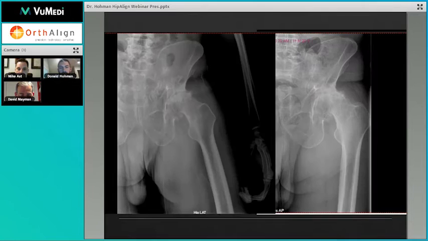Another kind of case, a little bit more of a challenging operation, a little bit of a larger man, and this is a younger guy who has, whether this was a post-traumatic issue or if this was AVN, which led to him having, again, a similar sort of situation, a lot of extra bone that's going to be present around the acetabulum. It's going to require a lot of further dissection.